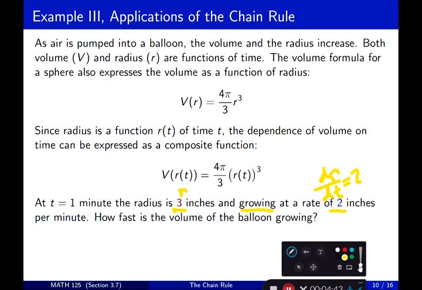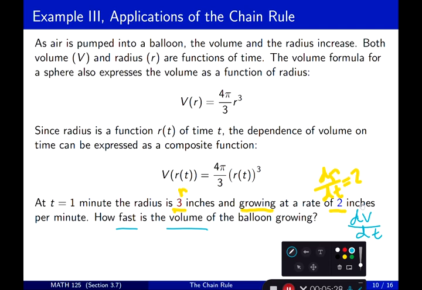Now, how do I relate? What is the question asking? The question is asking how fast the volume is growing. How fast, for volume, means the rate of change for volume. That's basically dV/dt. So that's what the question is interested in, right? And I have to connect dV/dt somehow to dr/dt and R, which is 3 inches. And again, I may not see t at all because really R is a function of t, but I can't tell you quite explicitly what function.